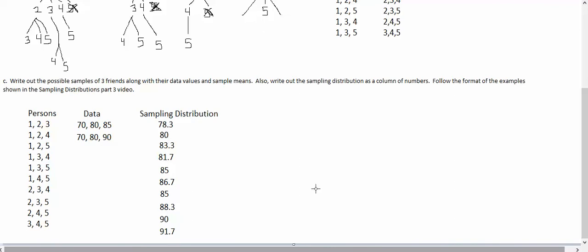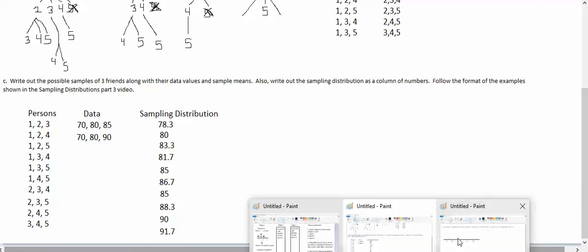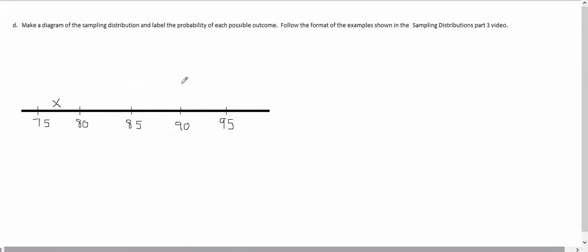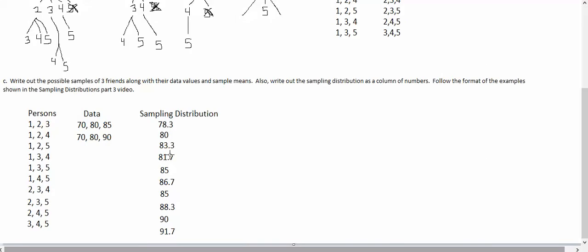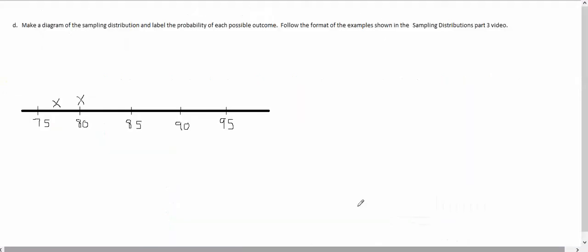Then I have 80. So I'll put this right here for 80. And then we have actually 81.7. So I'll just put that one right here.